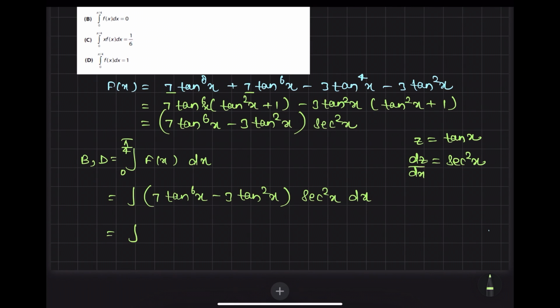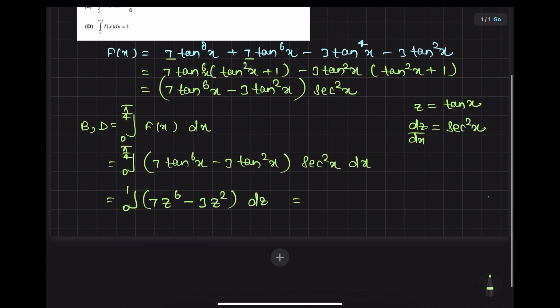If you observe the limit, if you take anything as z, your limit will change. So if you substitute 0, tan 0 is 0, and then pi by 4 gives 1. Comfortable? Now it will become 7 times z power 6 minus 3 times z power 2 dz.